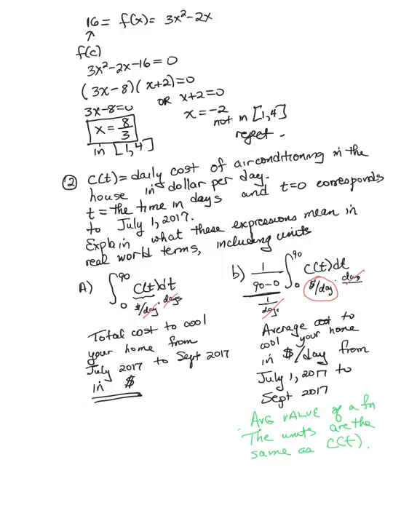Okay, so remember that whatever's after the integral in average value, those are the units we use. Whereas if we have the total change theorem, we have to think of our units very, very carefully. So I wanted to go over that with you.